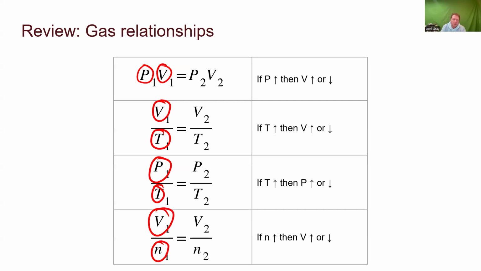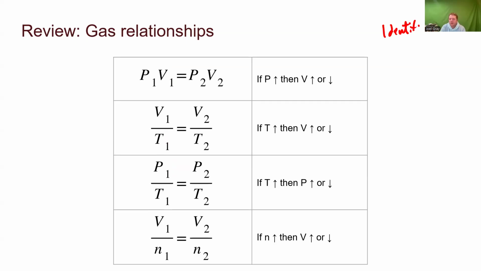Now, one of the things that I am not going to ask you to do is identify gas laws by the namesake. What I'm most interested in instead is how you do with the conceptual understanding of this. How do you feel conceptually about this?